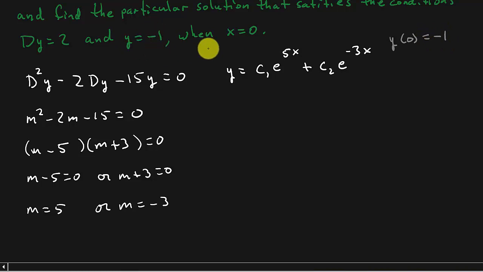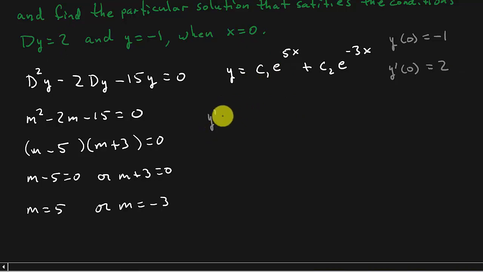So when I plug 0 in for x, I should get -1. And this one is saying if I plug 0 into the first derivative, I should get 2 as an answer. So we need to take the derivative of this.